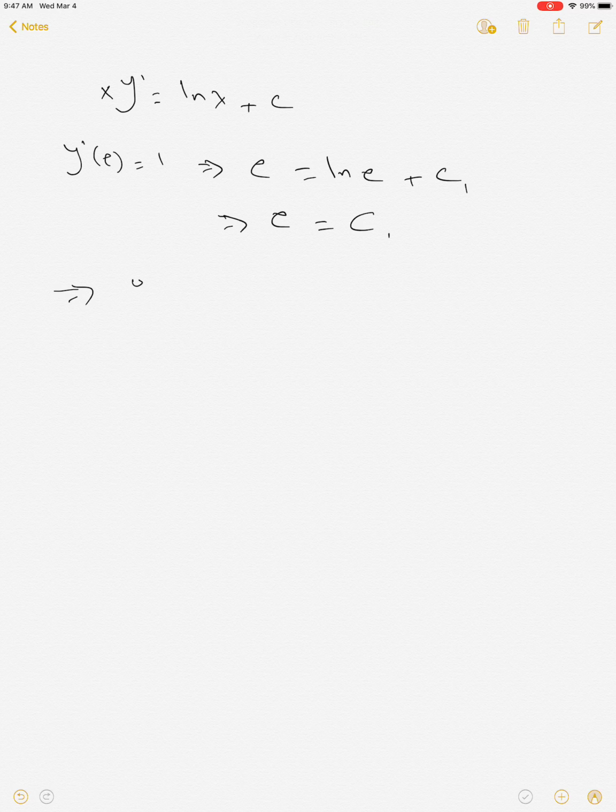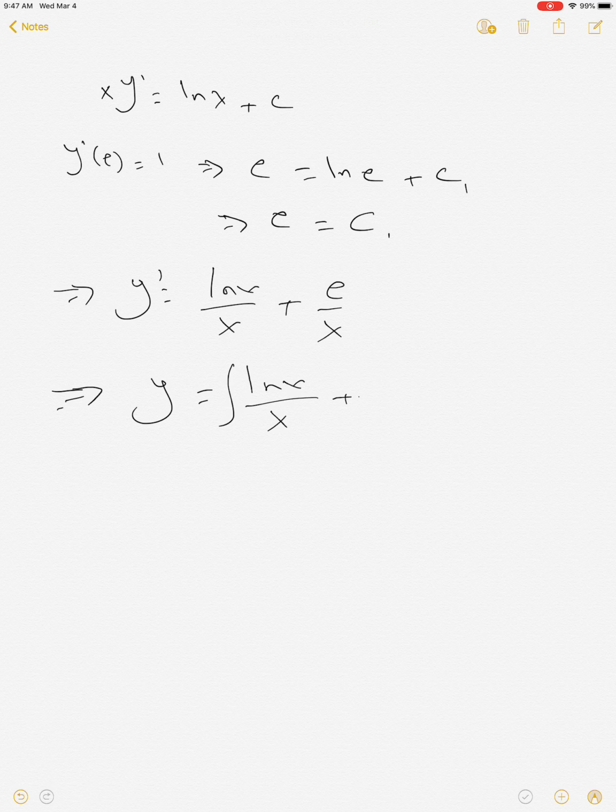Therefore, you have y prime equals ln x over x plus c over x, which is e over x. That's part of the solution. Now I have to redo it one more time because I do have y prime, so I have to reintegrate, the antiderivative. This implies y equals the integral of ln x over x dx plus the integral of e over x dx.